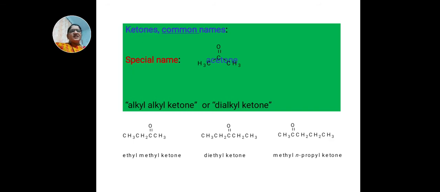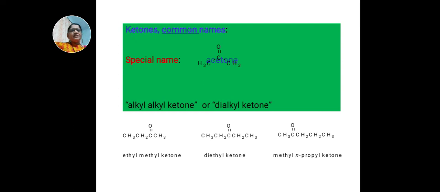Then nomenclature in ketone: there are 2 alkyl groups present. These may be same or different. If these 2 alkyl groups are same, then these are named as dialkyl ketone. And if these 2 alkyl groups are different, it is named as alkyl ketone.